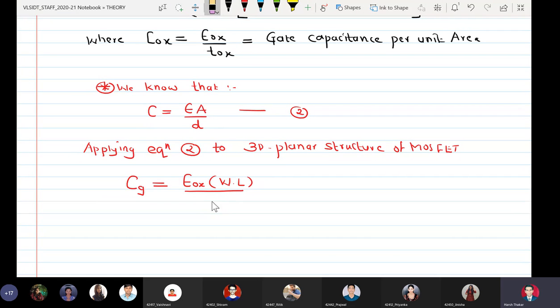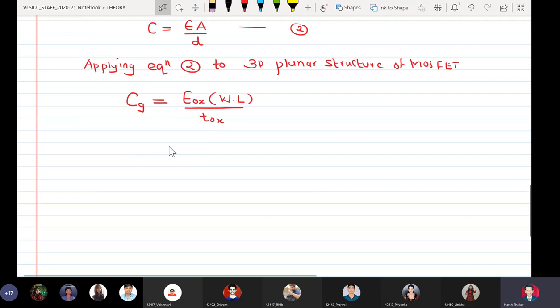So we know these things now from 3D planar structure of MOSFET. The gate capacitance is equal to the permittivity of SiO2 layer into area of MOSFET, that is W into L, upon the distance of separation is T ox.